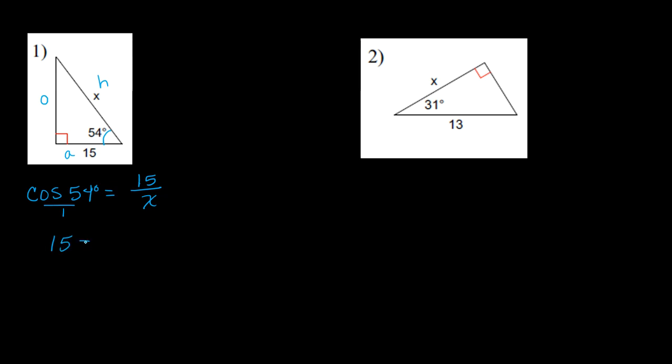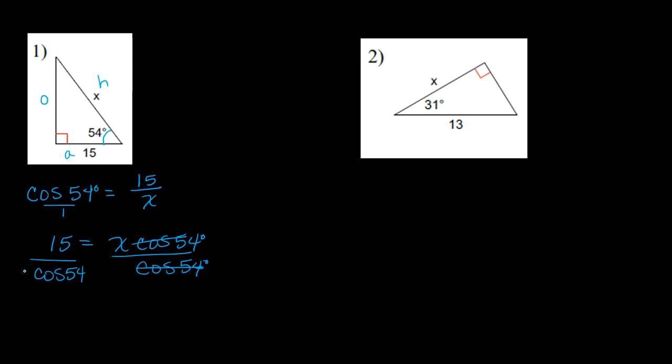So we're going to get 15 is equal to x times the cosine of 54. Before we pick the calculator up, we have to isolate x. So x is going to be equal to 15 divided by the cosine of 54.